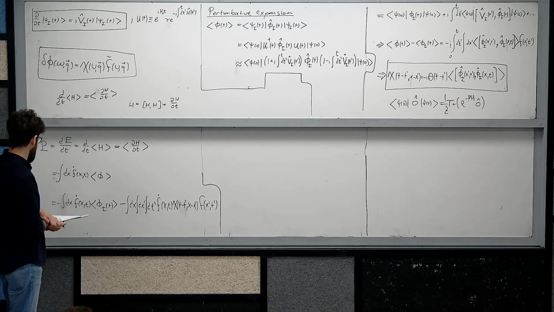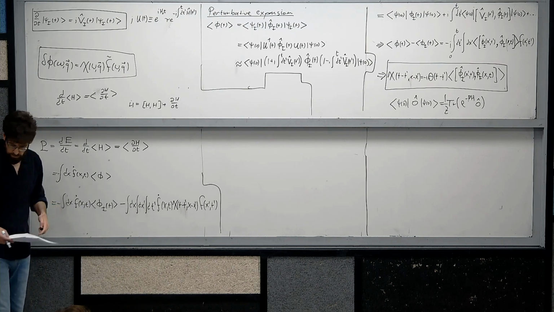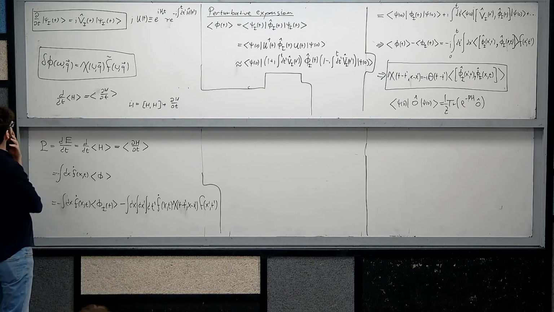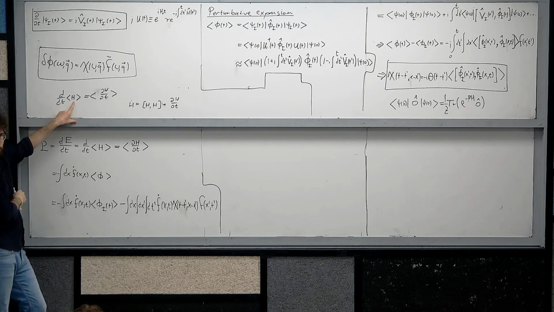So why does it say that we don't differentiate the expectation value of phi? It's the partial derivative of H. So in this picture you can take this derivative either within the Schrödinger picture or the Heisenberg picture.